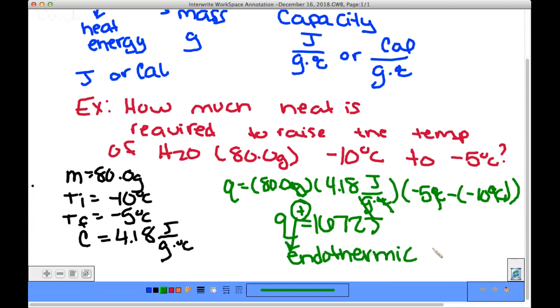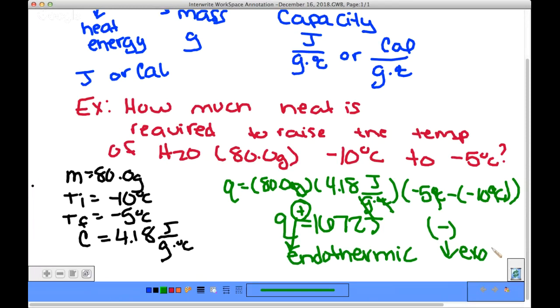If for some reason this was reversed, so say that we were going from 10 degrees to 5 degrees Celsius, this would be negative, which means that it'd be exothermic. So remember that this is positive, but if Q was negative, our process would be exothermic. So we do have that difference.